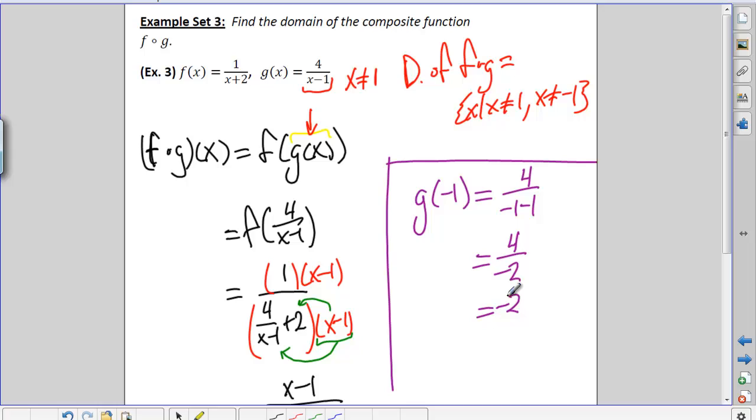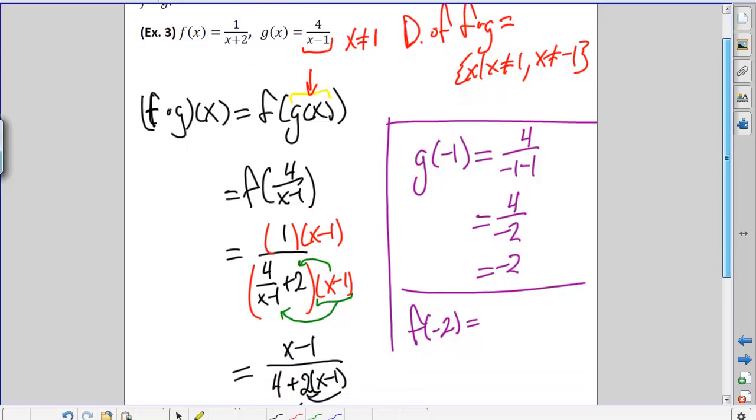That's g of negative 1, so there's no problem there. We can do that. But if we go to then plug that into the f function, because that's what that composite function does, right? We go into the inside function first, and then that result goes to the outside function. What happens if we try to do f of negative 2? Don't we get a 0 in the denominator?